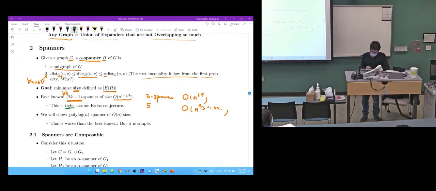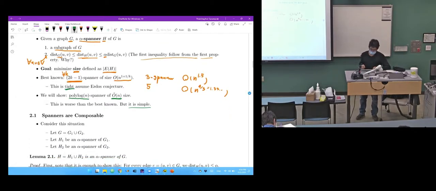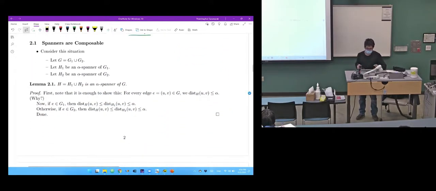What I will tell you is just how to get a quite bad spanner, not too bad, just a polylog spanner, and the size is nonlinear. So it's worse than the best known, but it's quite simple and kind of instructive for the next application that we will talk about. So let's look at this proof.